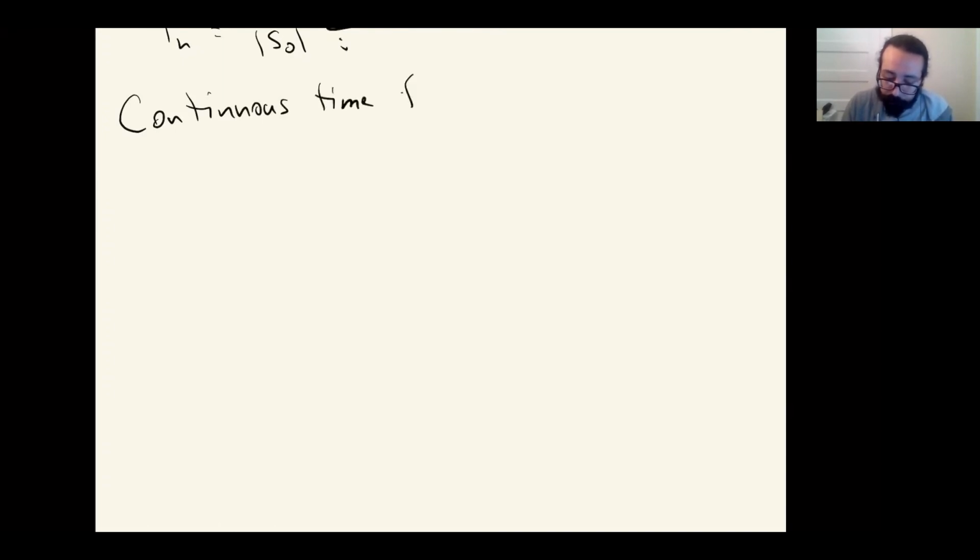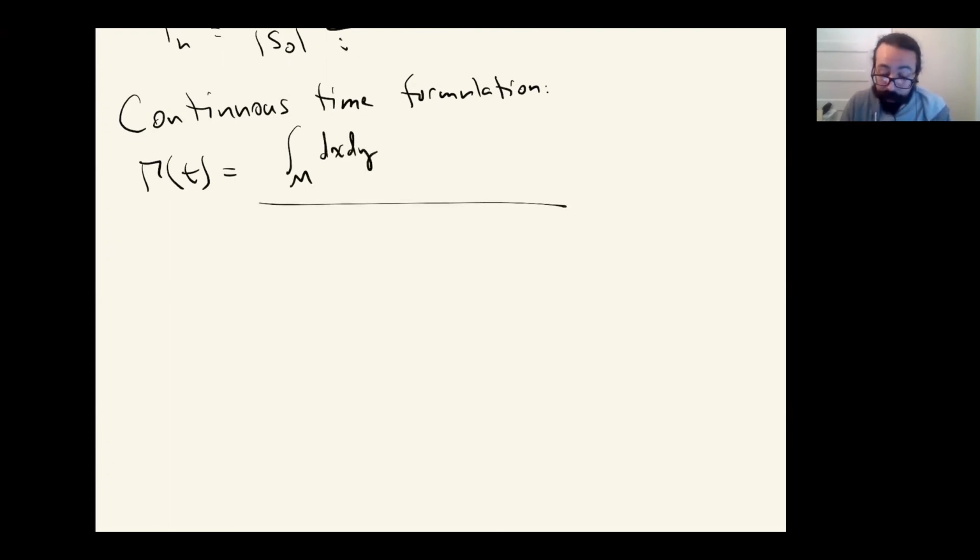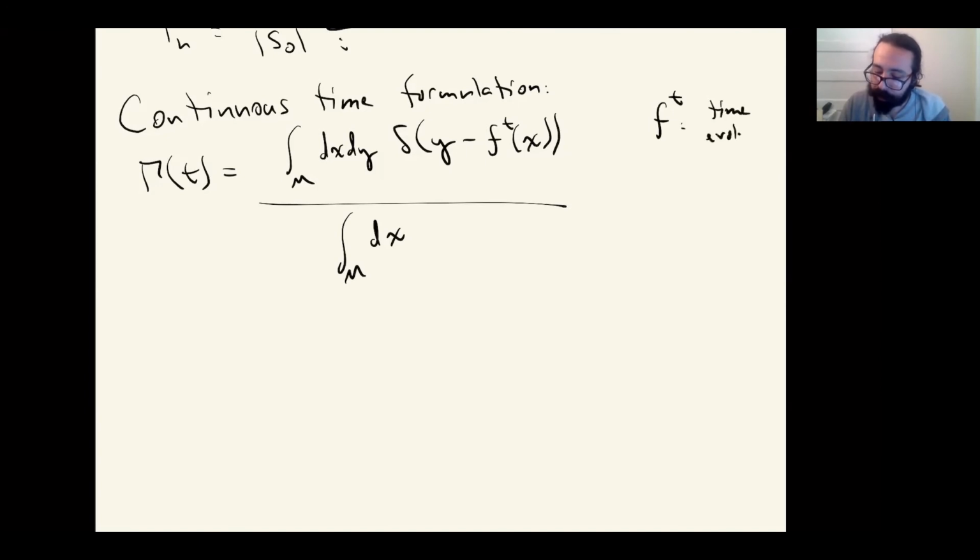we can just look at a continuous time formulation and say our escape rate as a function of t, we can just compute as an integral over phase space, over 2 points in phase space, of a delta function, where f sub t is our time evolution map on phase space.